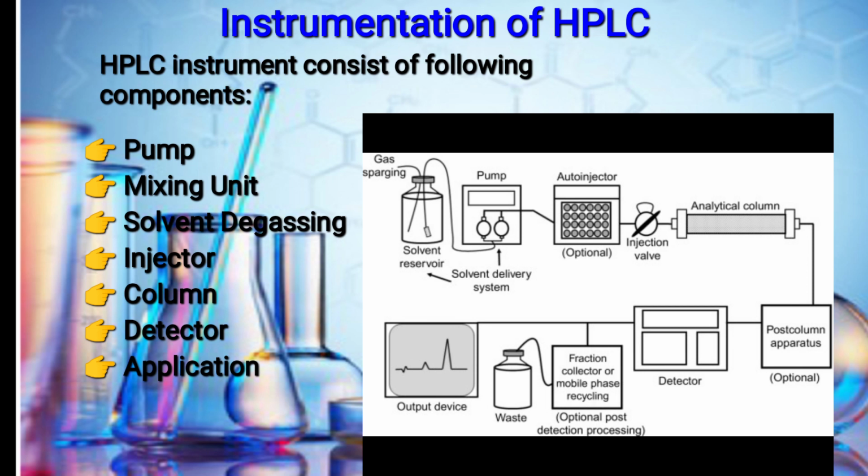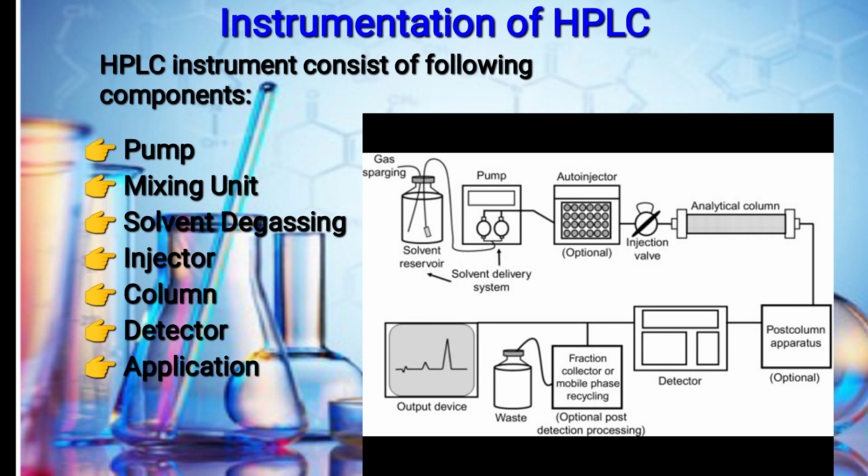Now coming to the next part, the HPLC pump. There are two types of HPLC pump used. First one is the constant pressure pump and second one is the constant flow rate pump. Constant pressure pump means the pressure of the pump will be constant, so the flow rate may vary, and this will not give proper separation. In the second type, the constant flow rate pump, the flow rate will be constant and the pressure may change, according to our column resistance.